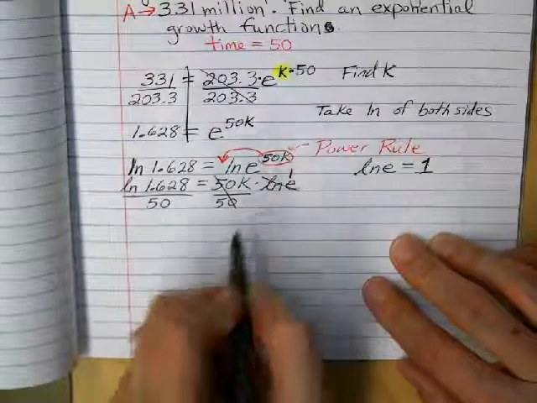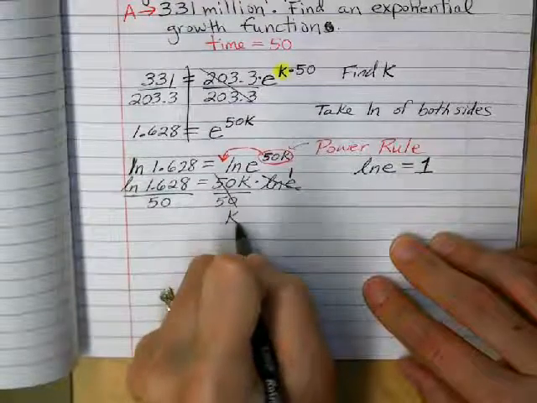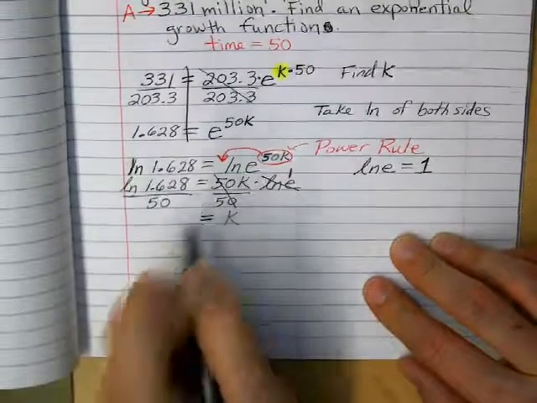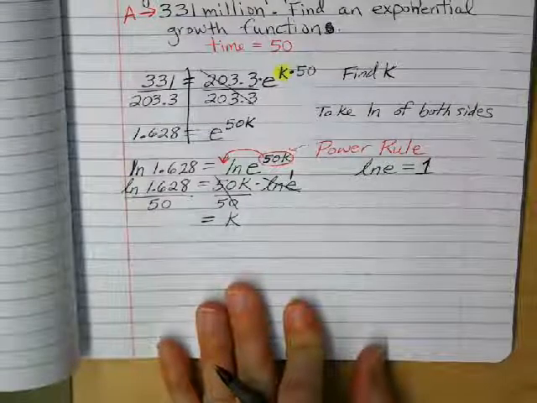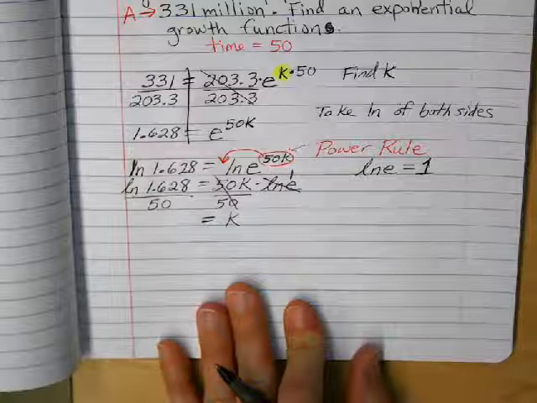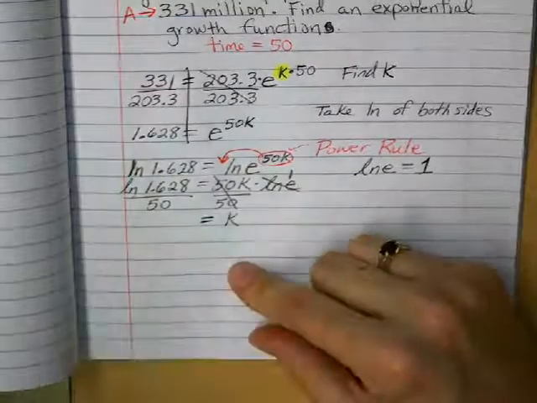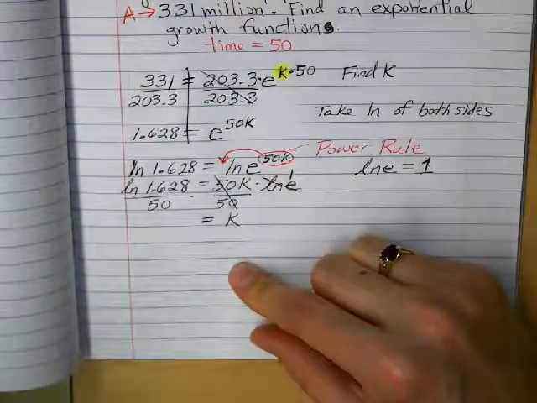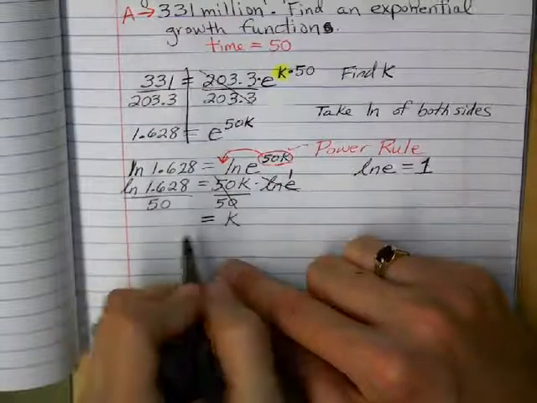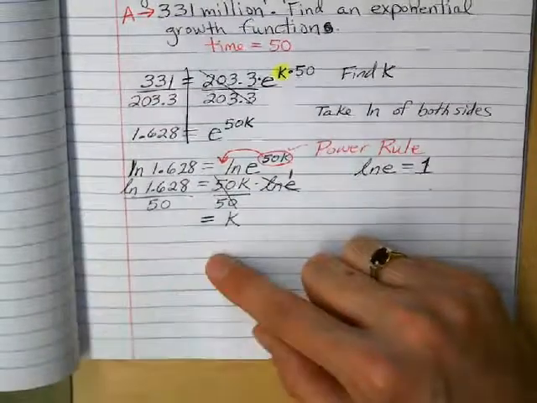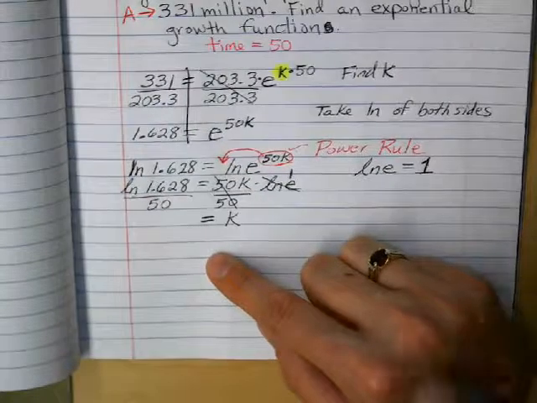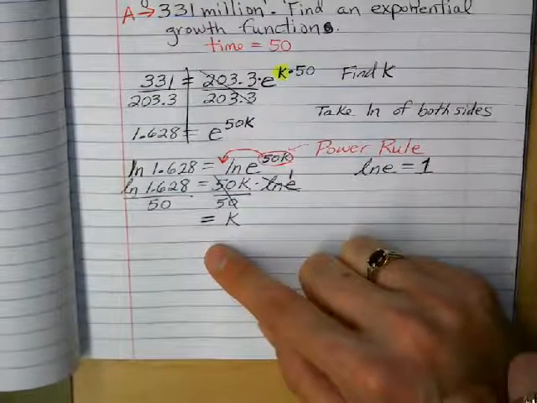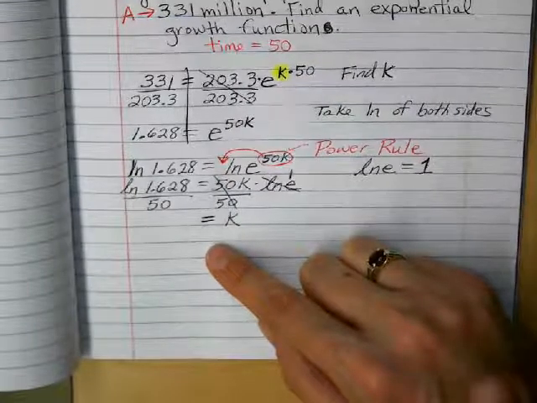So k equals, what do we get? Oh, let's round it off. The k, let's round it off to 2 decimal places. They'll tell you on your assignment, like round this one to this many decimal places. Just regular 50.